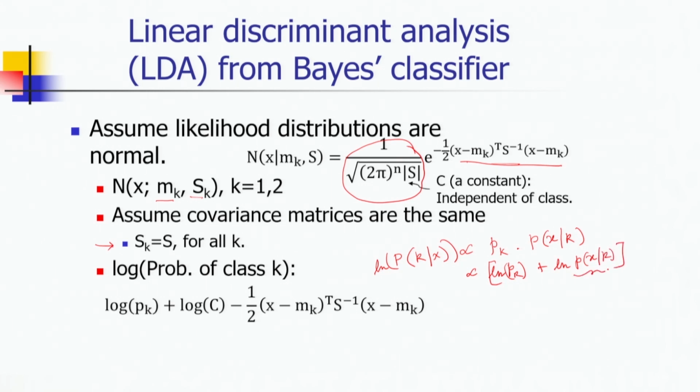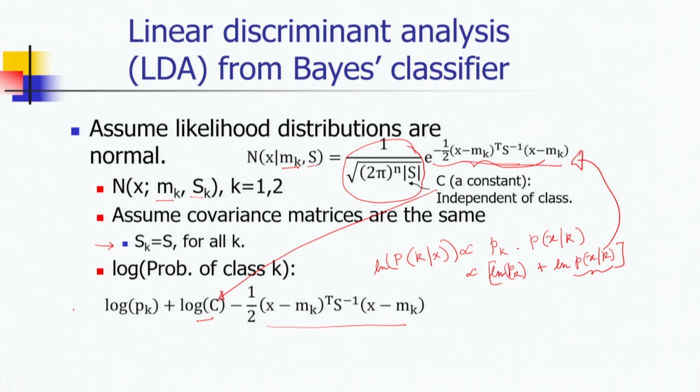And this x given k, for the kth class, you take the respective parameters, and the covariance matrix is same. Since I am taking the logarithm value, this part, log of c, relates to this, and in the exponent part, if I take the log value, you can simply get these values.